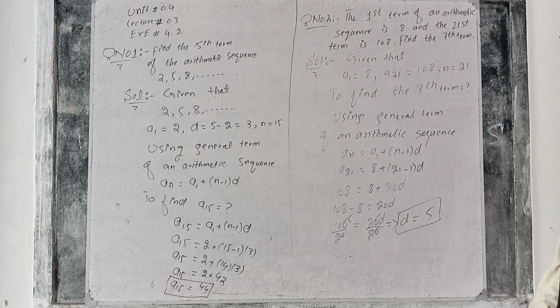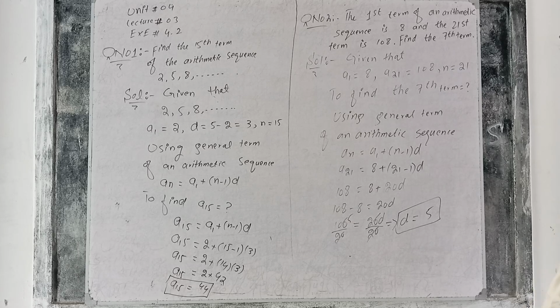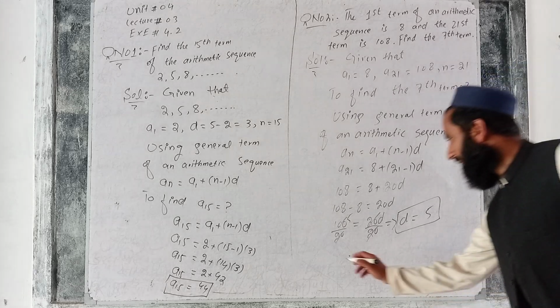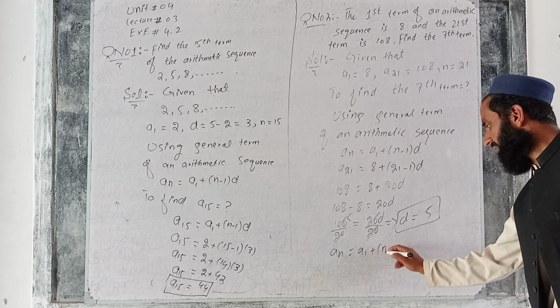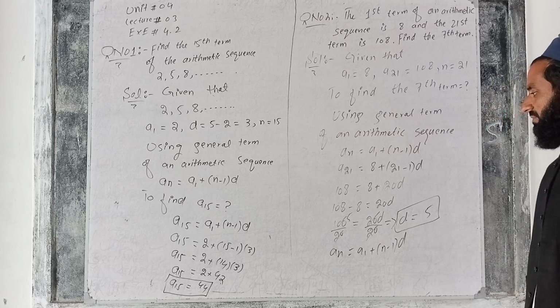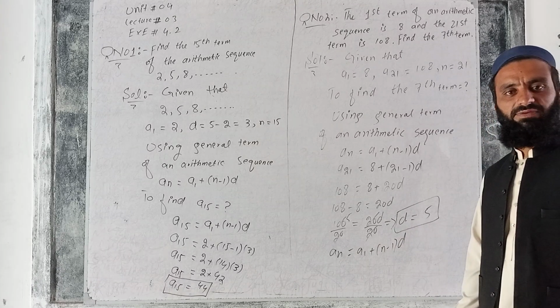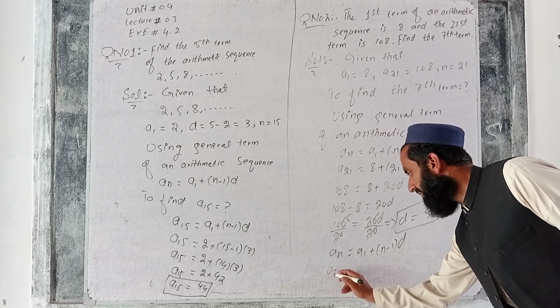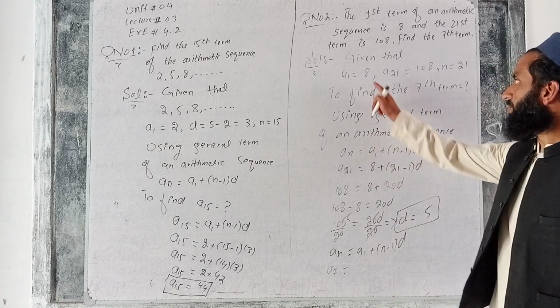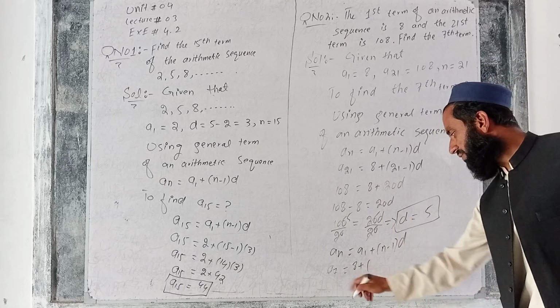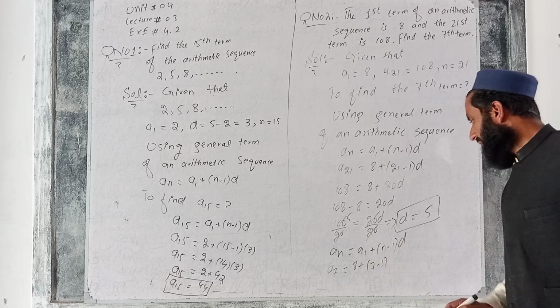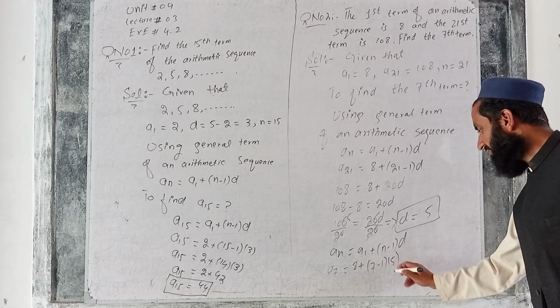Now we want to find the seventh term of the given arithmetic sequence. For this, again using the general term of an arithmetic sequence, an is equal to a1 plus n minus 1 into d. We have to find the seventh term. So a7 is equal to a1 equal to 8 plus, here n is equal to 7, 7 minus 1 into d equal to 5.